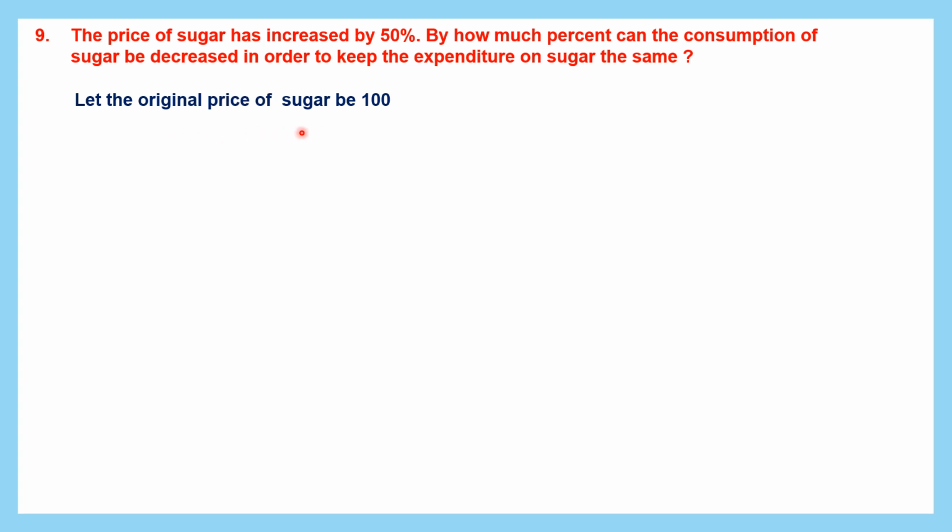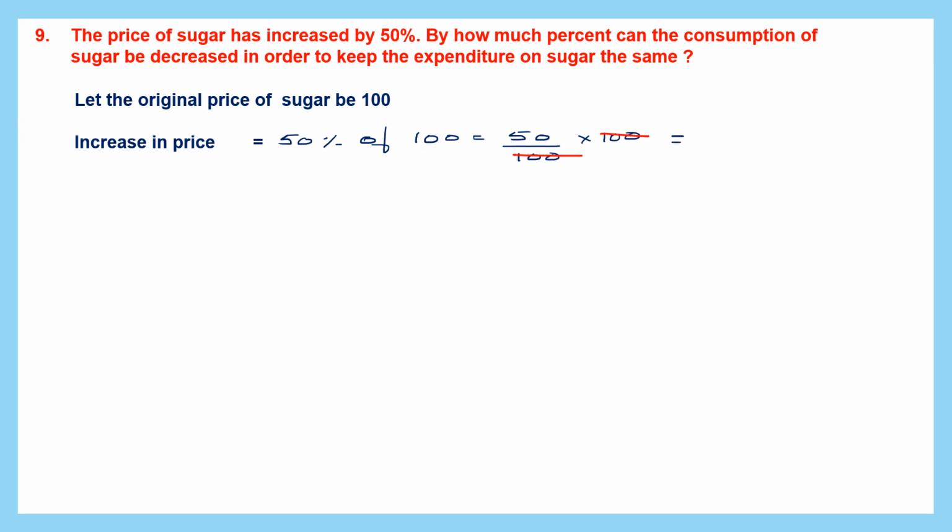So let the original price of sugar be 100. Then the increase in price will be 50% of this 100. That is the increase, isn't it? So that is 50% of 100, and that is 50 by 100 into 100. Here we can cancel the 100 and 100. So what do we have?